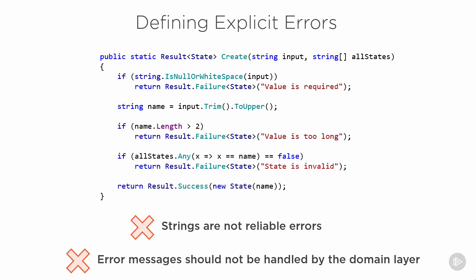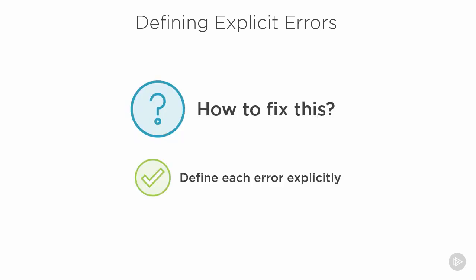This is all the responsibility of the application layer. How to fix this? The best way is to explicitly define each error your application may return. As an added bonus, this will allow you to more easily debug your system because you will be able to quickly find potential sources of any error. Let's see how this can be done.